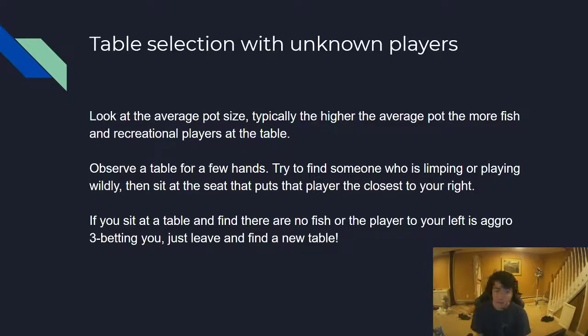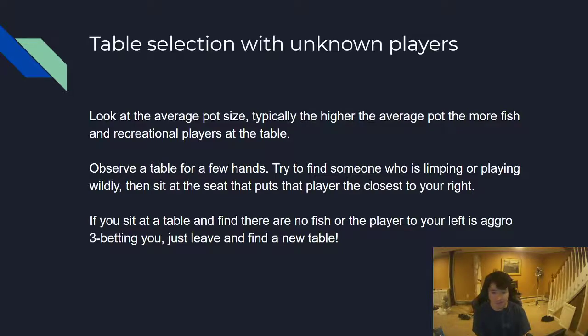So the average pot size is typically the indicator I go for when I don't know the players' tendencies at the table. I usually check the average pot size. The higher the average pot size, the more fish and maniacs and such who are just gambling and splashing around, and it's usually where I'll be trying to sit.